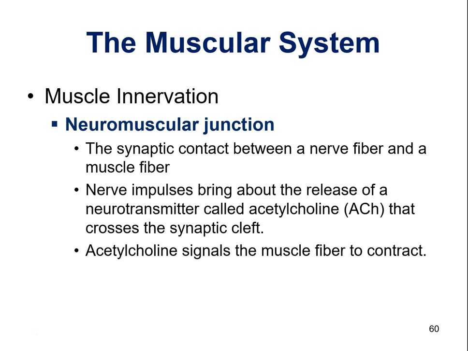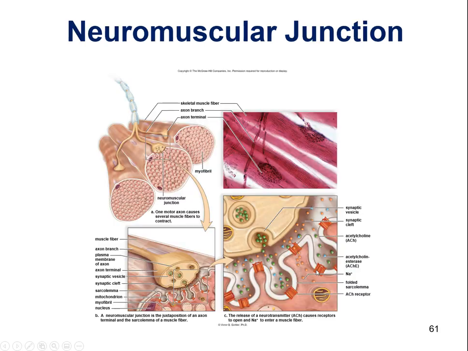And then we talked about, well, what happens once that nerve impulse reaches the end of the axon? Neurotransmitter is released. At the neuromuscular junction, acetylcholine is released. It is emptied into the synaptic cleft, and then it binds to the muscle fiber, okay? Acetylcholine binding to the muscle fiber basically triggers the muscle fiber to contract, okay?